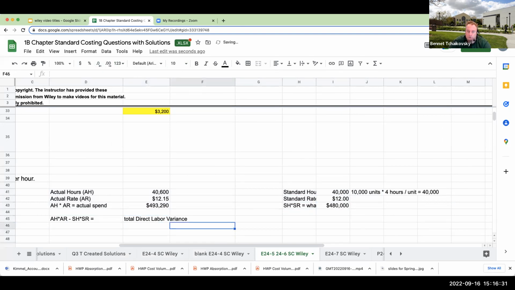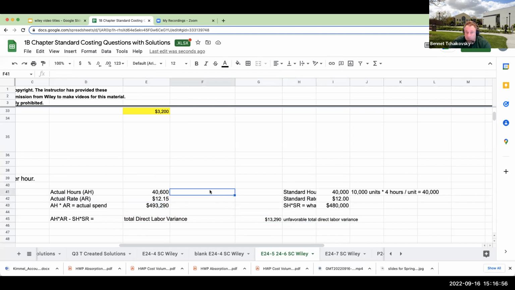So my total direct labor variance is going to be 493,290 minus 480,000. This is going to be an unfavorable total direct labor variance. Okay, I spent too much. I should have only spent 480. I ended up spending 493.